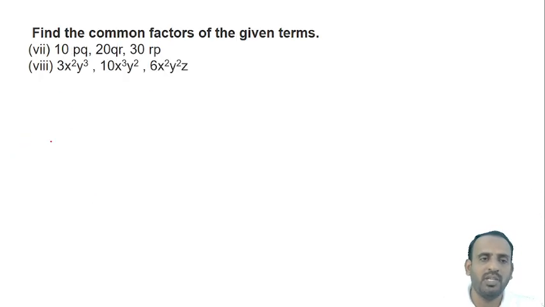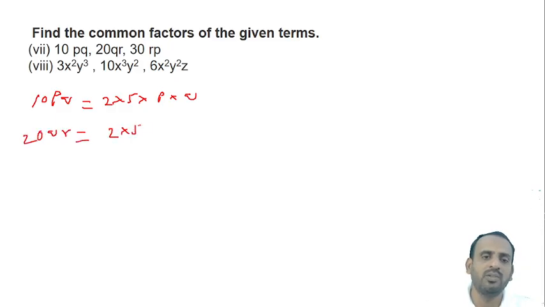Okay, one more, 10p cube. So 10p cube, we can write it as 2 into 5, 10 into p into q. Okay, 20 qr, we can write it as 2 into 5, 10 into 2, 20 into q into r.